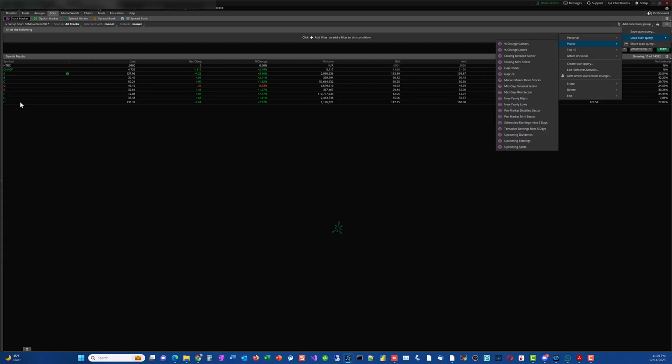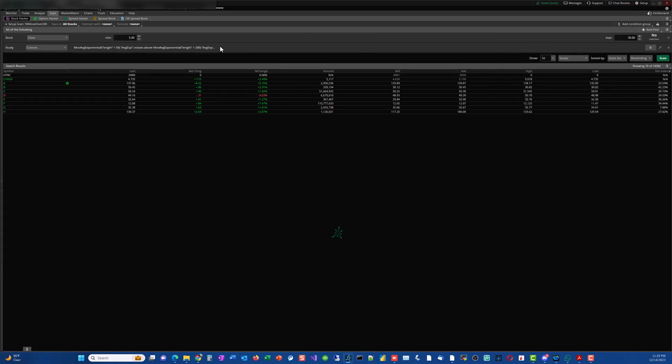Or you can create your own query by clicking on filters. But I'm going to show you the ones I've preloaded and saved, because I've done it many times, and then I'll talk about what I did.